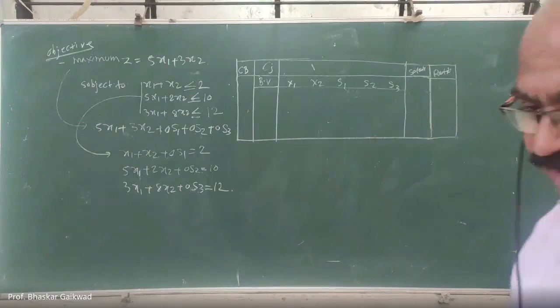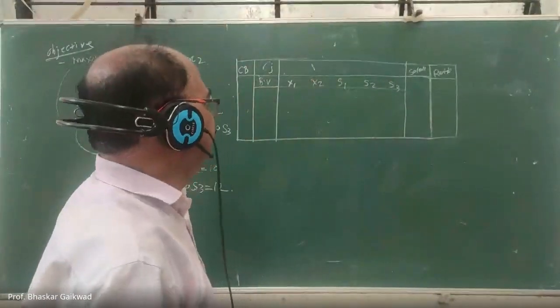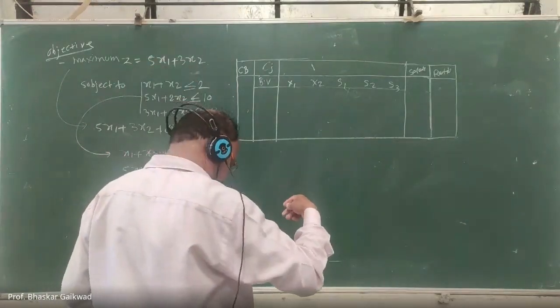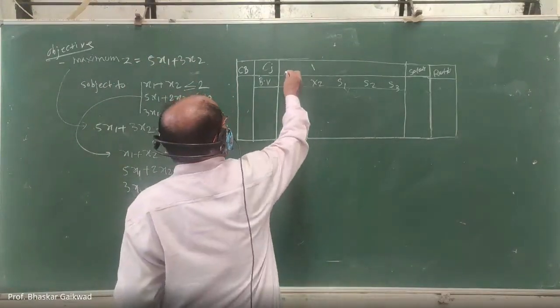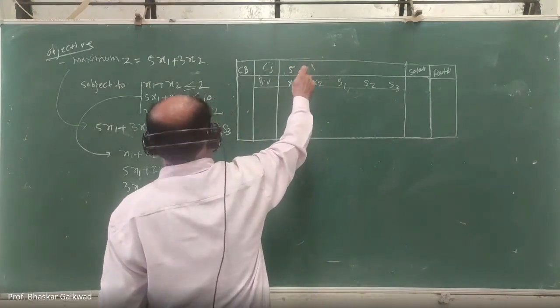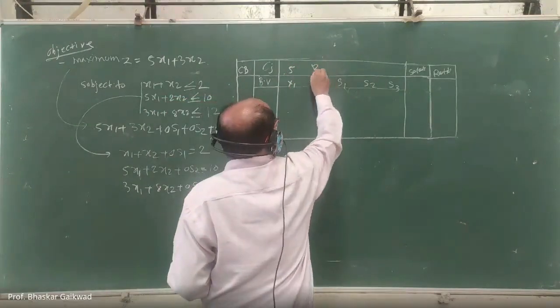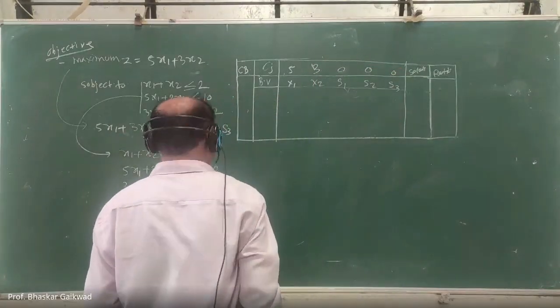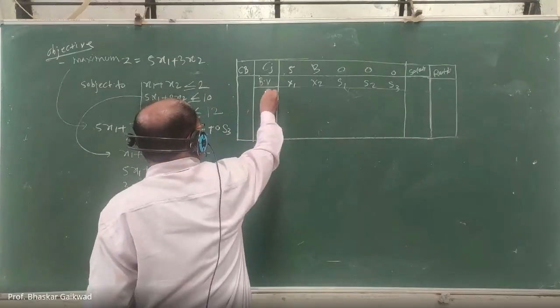Now, Cj. What is the Cj in the given problem? Here, you can take the coefficients 5, 3, and 0. Okay. And what is our reference variable?